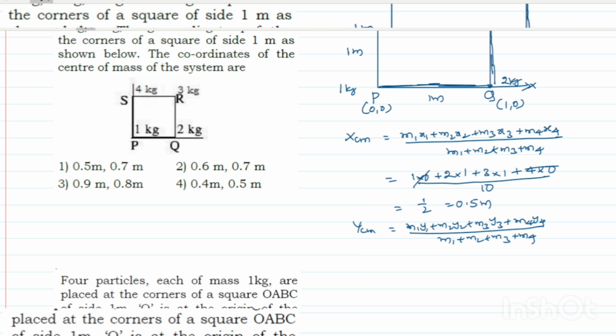Putting in these values, YCM is 1 into 0 plus 2 into 0 plus 3 into 1 plus 4 into 1, by the total mass of 10 kg. 3 plus 4 is 7, so it is 7 by 10, which is nothing but 0.7 meters. So the XCM value is 0.5 and the YCM value is 0.7 meters. This is the correct answer.